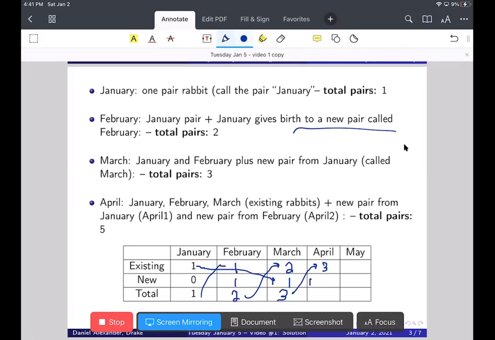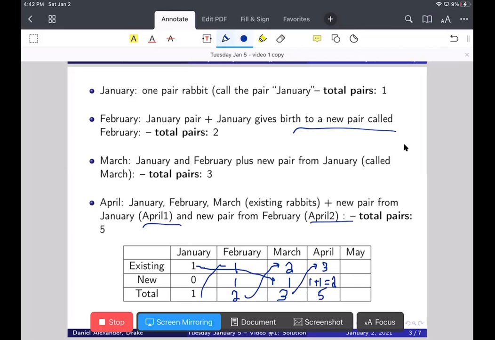Now February is ready to give birth, and we get one more. So we're going to get two new pairs of rabbits, and have five pairs total. In April, we're going to call the new pairs April 1 and April 2. I want you to think about what's going to happen in May. Why don't you fill in that one on your own and figure out what the total is.